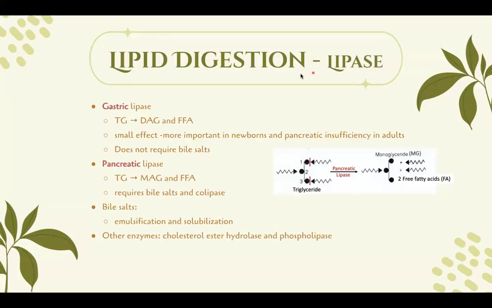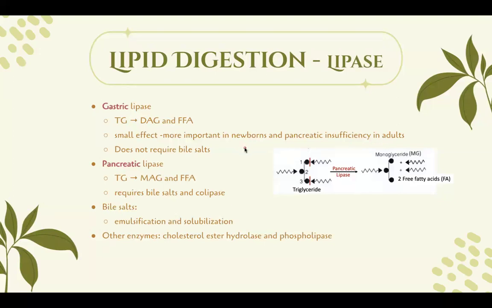Lipase can be gastric lipase or pancreatic lipase. Like the other enzymes, the pancreatic lipase is generally the more important, more effective one. Gastric lipase has a small effect, but it's pretty important in newborns and in pancreatic insufficiency in adults.